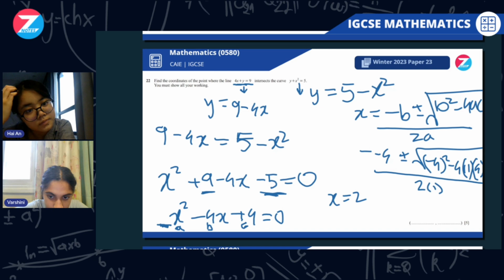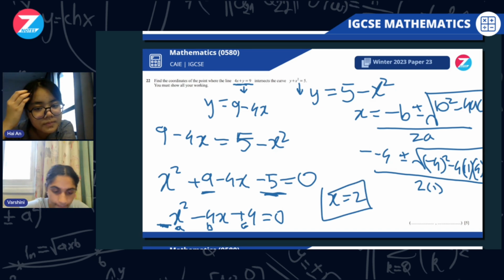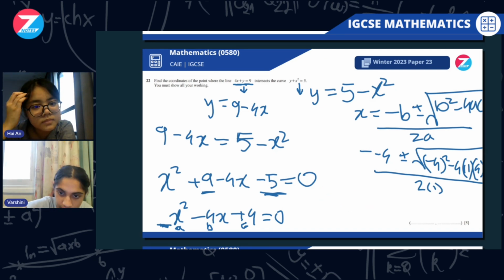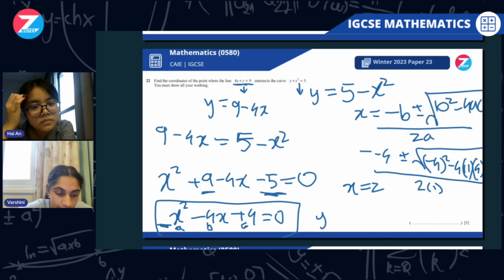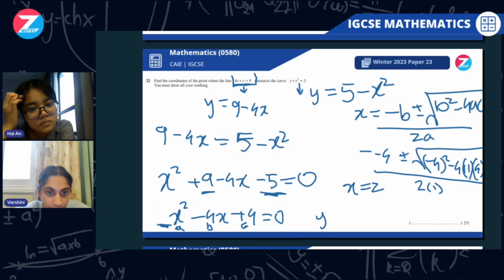X equals 2. Now let's write that over here. Now we need to substitute to find y. Remember, we're not substituting into this final equation. That's wrong. We need to substitute into either the line or the curve. Let's use the line because it's easier.